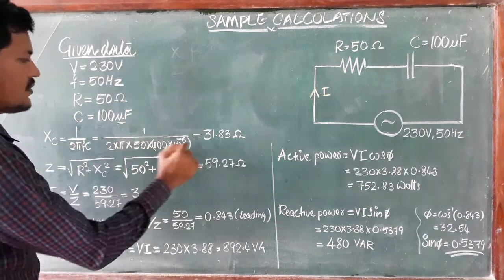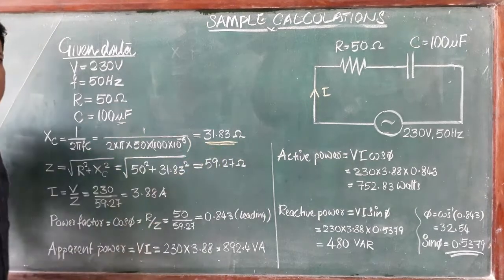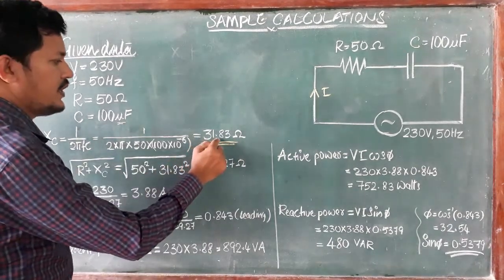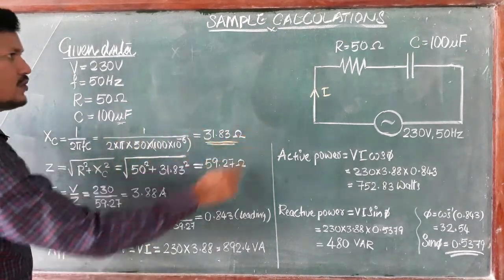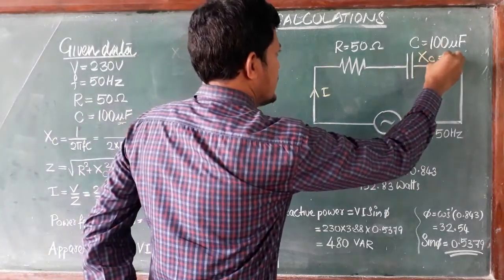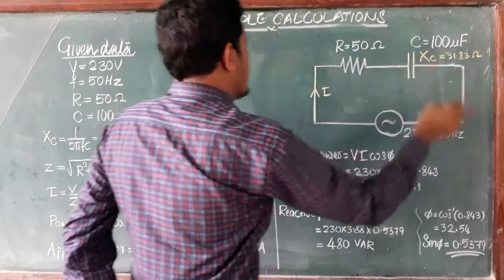While doing this calculation, we will get the Xc value of 31.83 ohms. The capacitive reactance is 31.83 ohms. Now both are in the same unit, ohms and ohms.